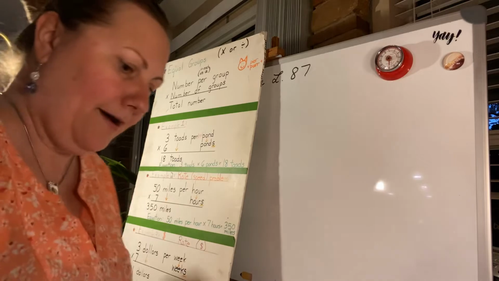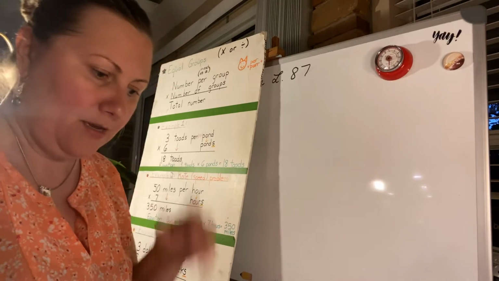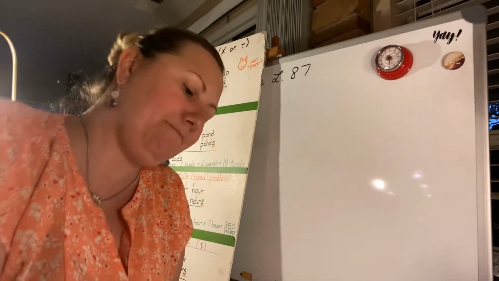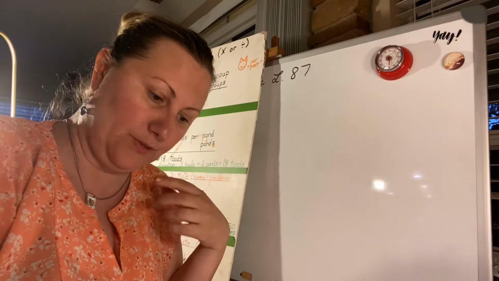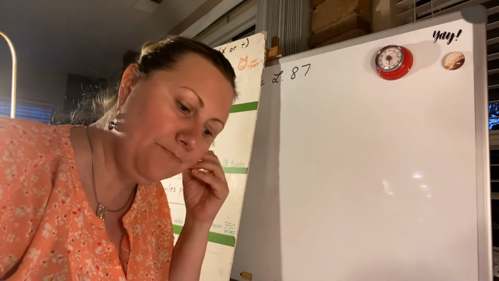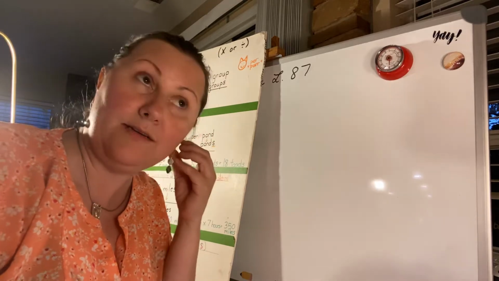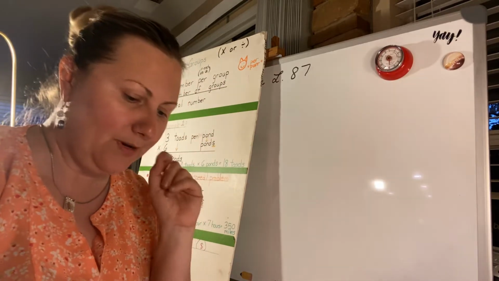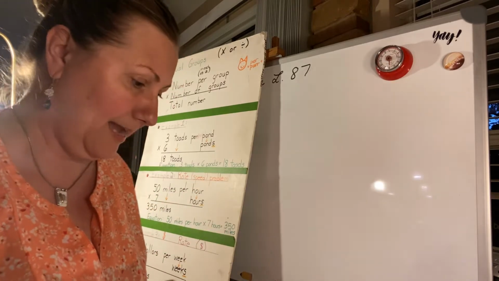So what we have to be careful about is knowing that, like I just said, it will be equal groups problems that we're doing today, and while solving these problems, we want to be careful to identify exactly what the question is asking.